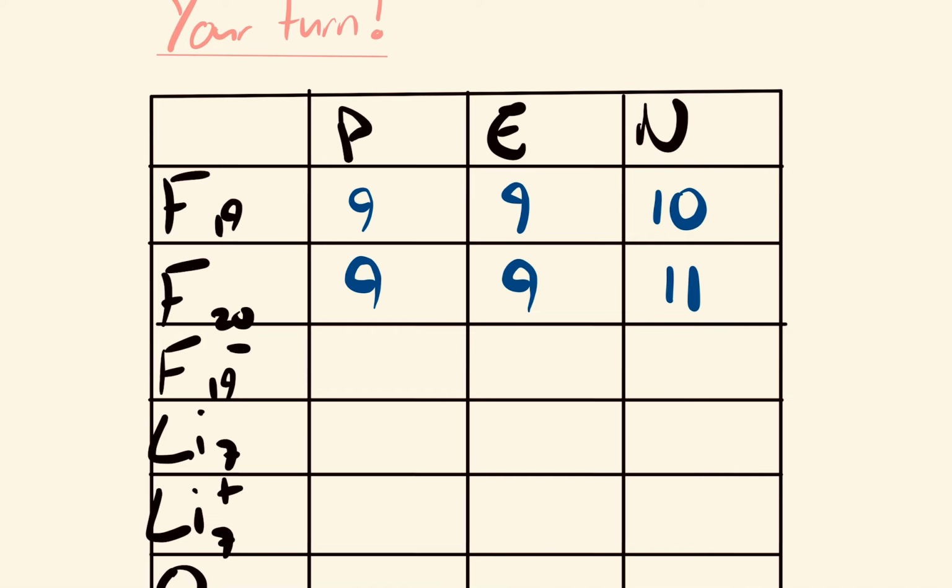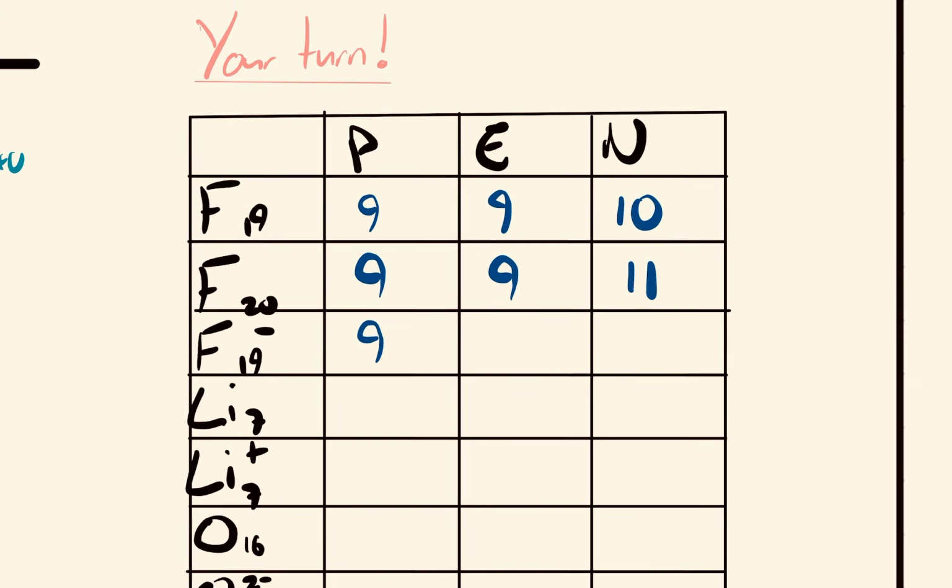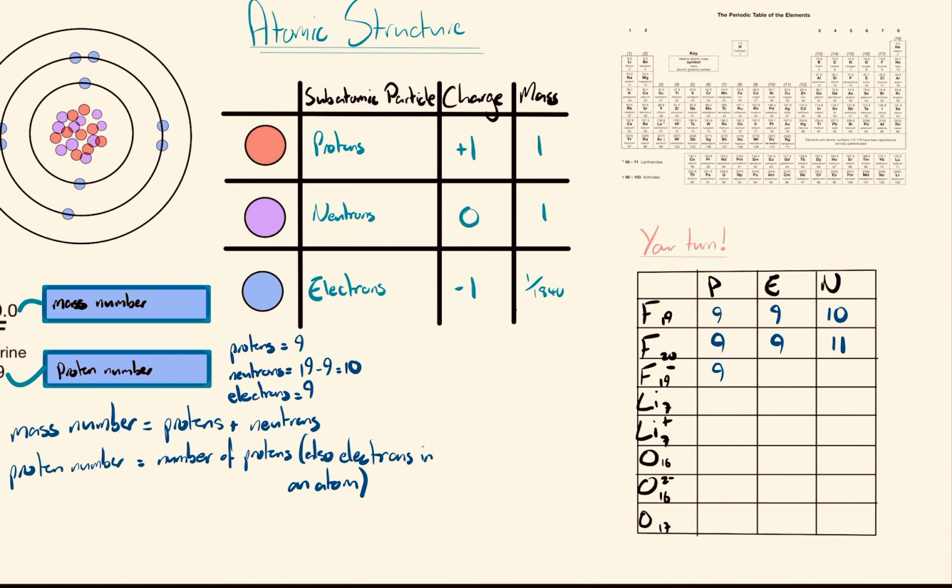Final example I'm going to do, and then it's your turn. We've got fluorine again. This time we've got a minus charge, but we've got fluorine 19 again. Now the number of protons, like I say, is never going to change. But we've got a minus charge. We've already seen that our electrons have this negative charge.